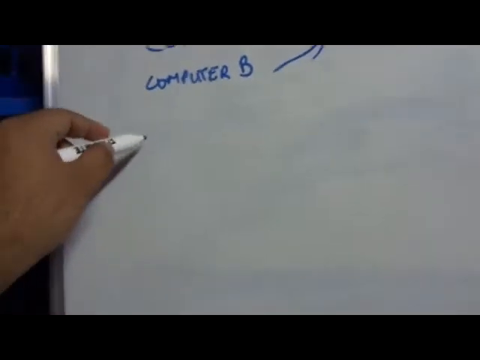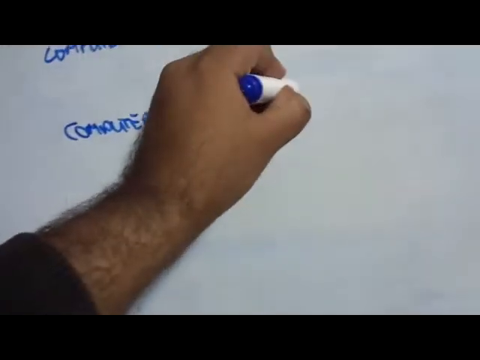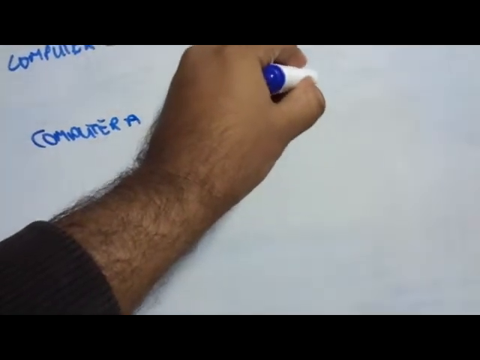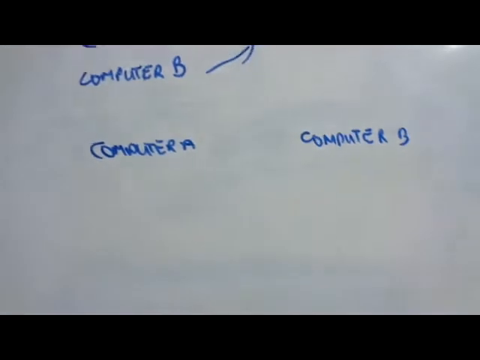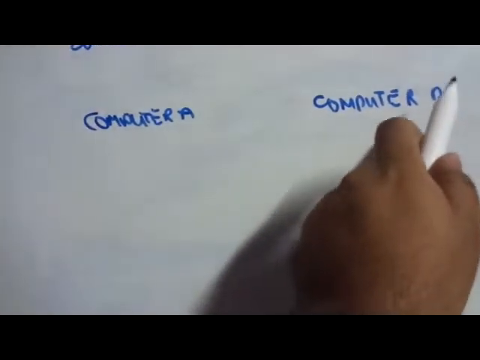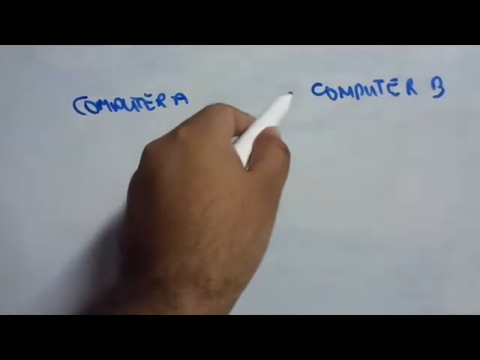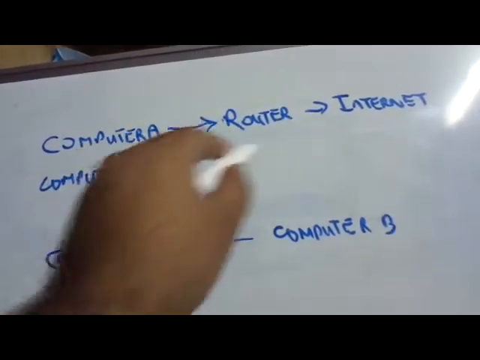Essentially, let's say that computer A is here, and computer B is here. For all intents and purposes, and this is just to simplify networking a little bit, in order for computer A to speak to computer B and computer B to speak to computer A, of course they have to be connected somehow, and we are assuming they are connected by the router or switch.